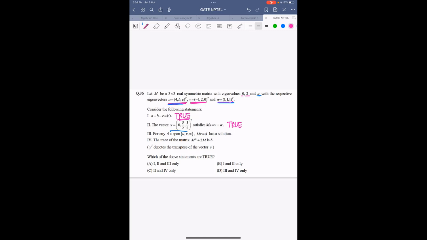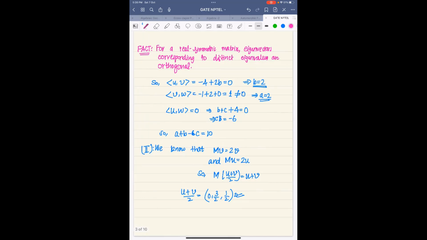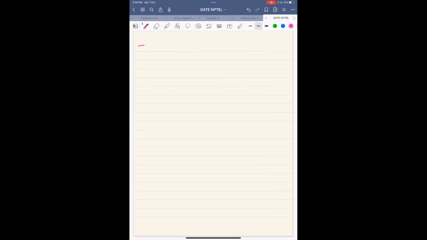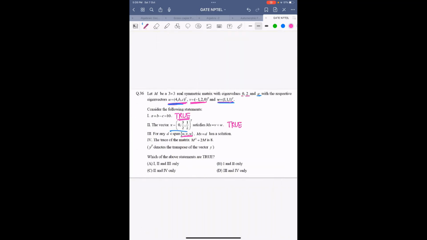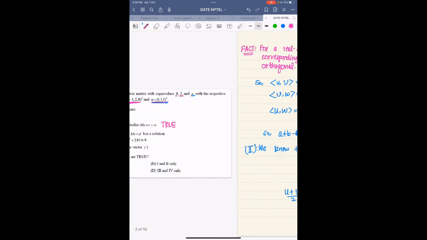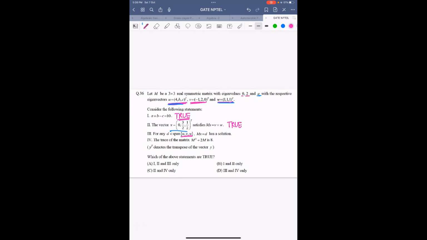Now for statement 3, first of all note that the span of u, v, w is R cube, the whole vector space. Why is that? First of all, these three are linearly independent. How to check that?